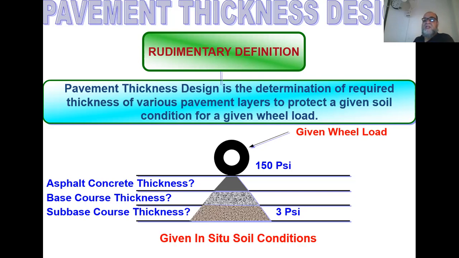This actually depends on the soil condition, and it also depends upon how you have come up with your design. It also depends on what materials are used in the various layers of the pavement. Again, 3 psi is a thumb rule, right?